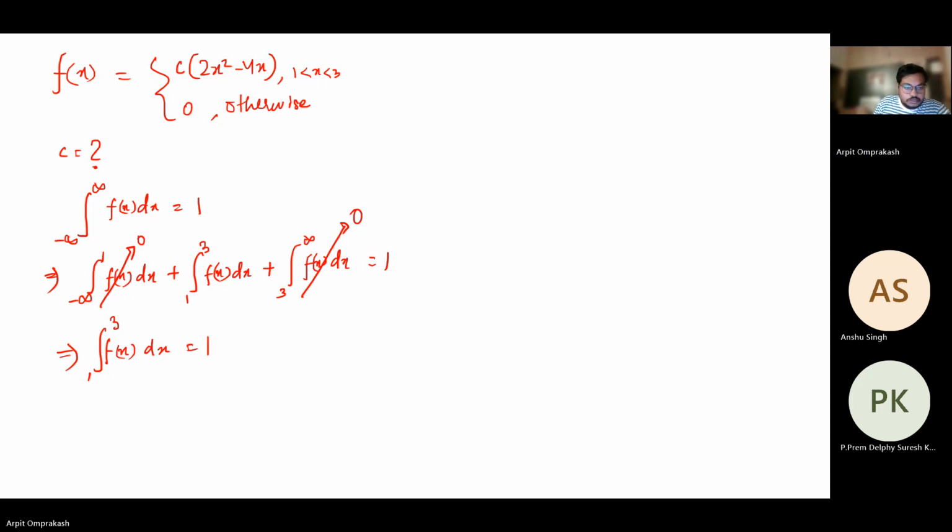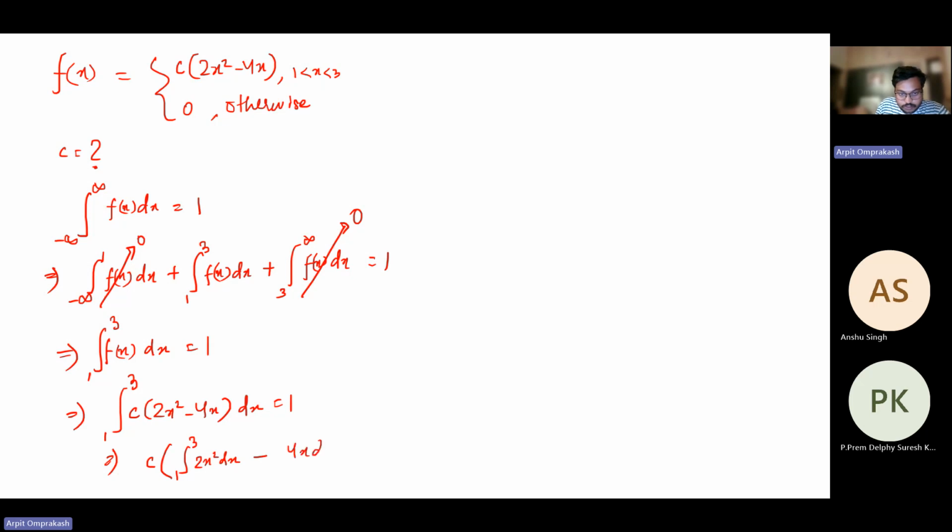Okay. So now what we have is the integral of c into 2x square minus 4x dx from 1 to 3 equal to 1, which is c into the integral of 2x square dx minus 4x dx from 1 to 3 equal to 1.